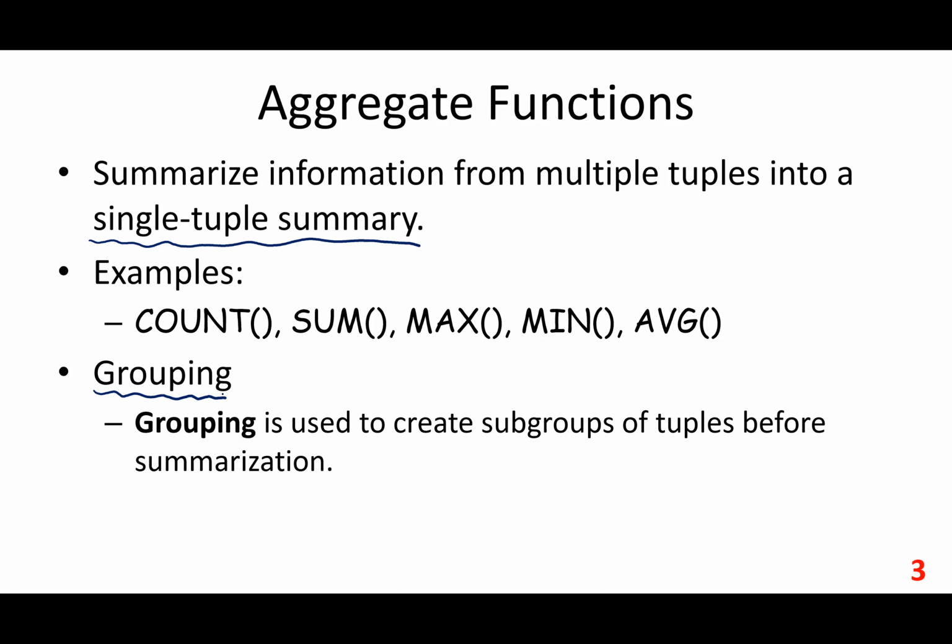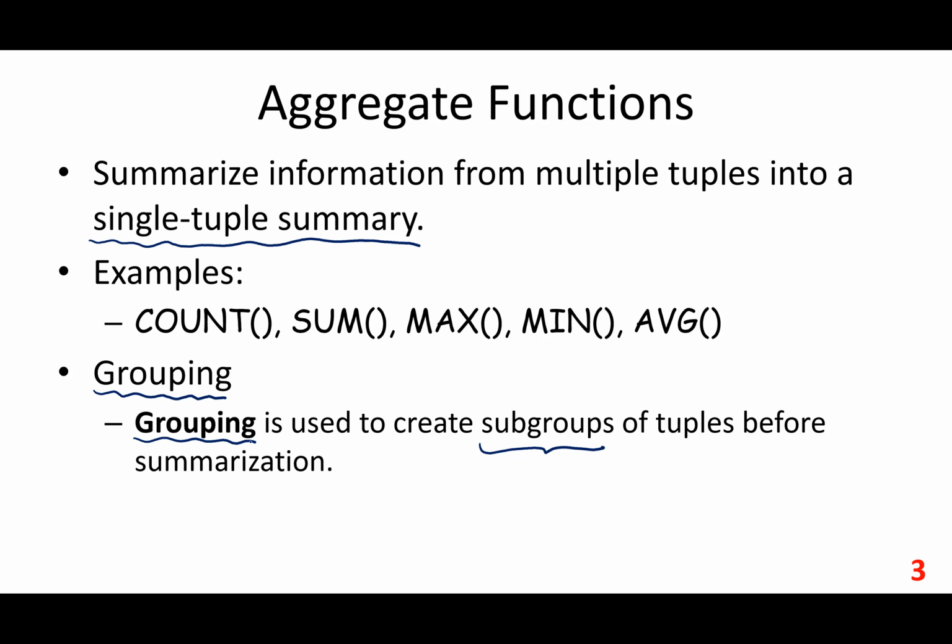Grouping is used to create subgroups. When you see the keyword grouping, you need to split the whole list of tuples into multiple subgroups based on the criteria in the grouping clause, before summarization.